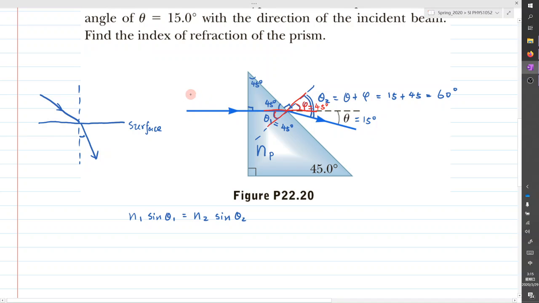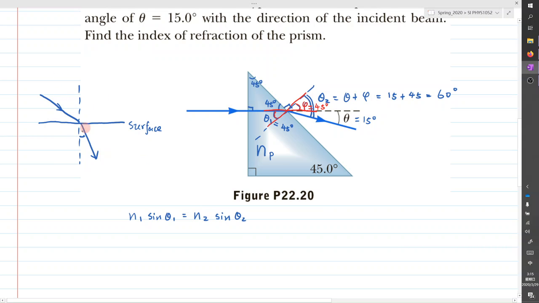That assumption gives us a very good starting point, because the index of refraction in air or vacuum is basically 1. The problem is, do we put n1 as 1 or n2 as 1?